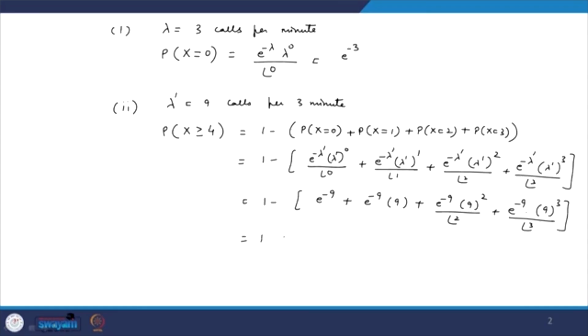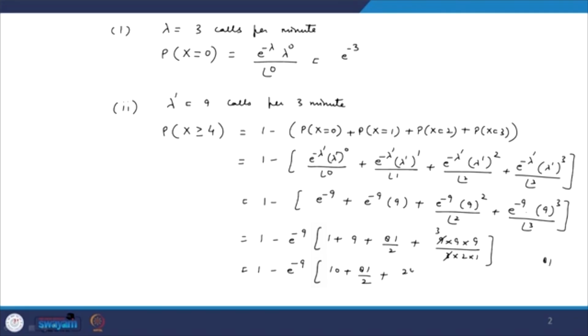Whatever, we can simplify this expression, and it is 9 into 9 into 9 upon 3 into 2 into 1. So, it is 1 minus e raised to power minus 9 into (9 plus 1 is 10, plus 81 by 2, plus 81 into 3, that is 243 upon 2). So, we can simplify this expression and finally we get the answer for this part of the problem.